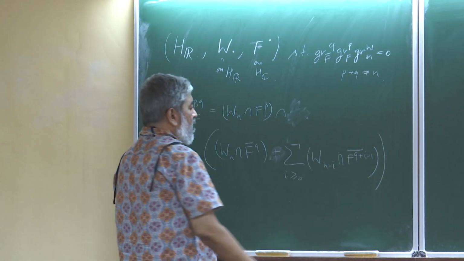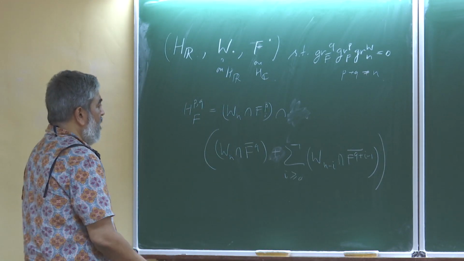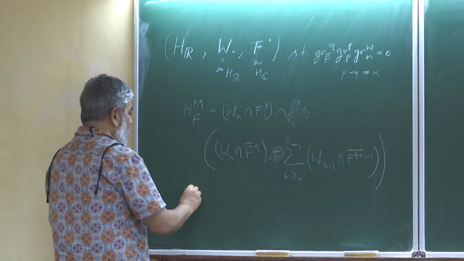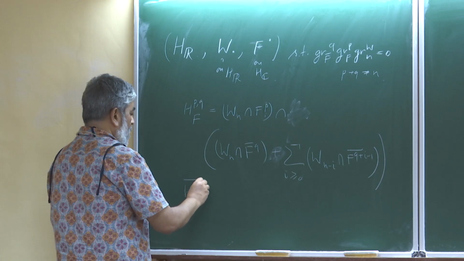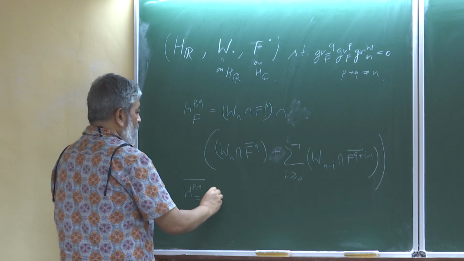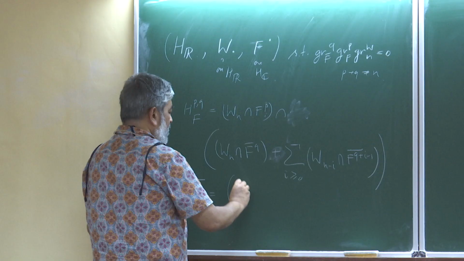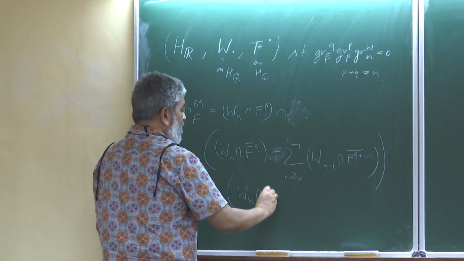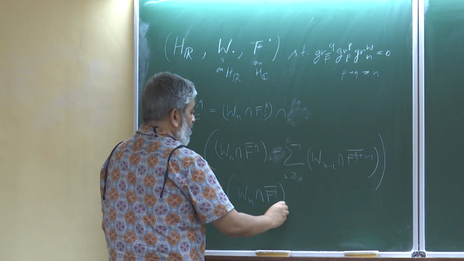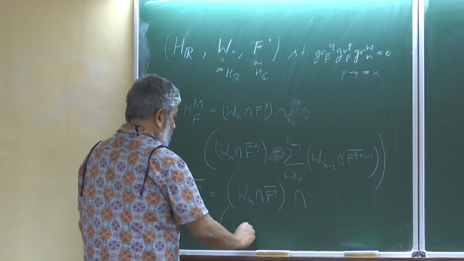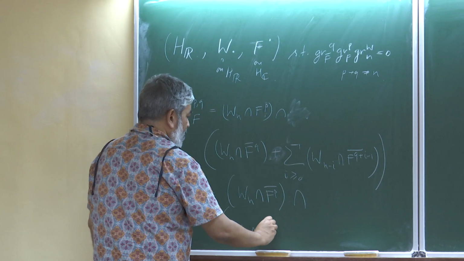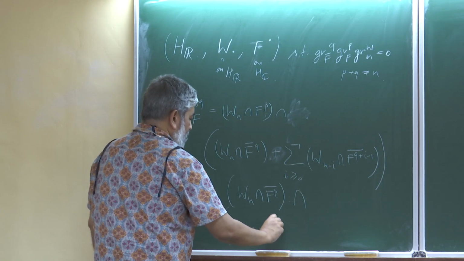Right? From this formula it's clear that if I take the bar of this, then this is W_n intersection F^p bar, intersection W_n intersection F^q, right?